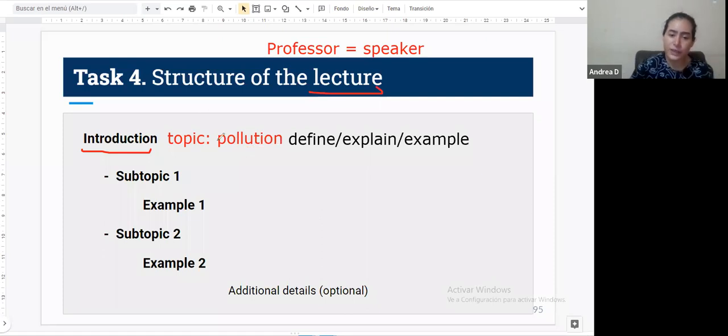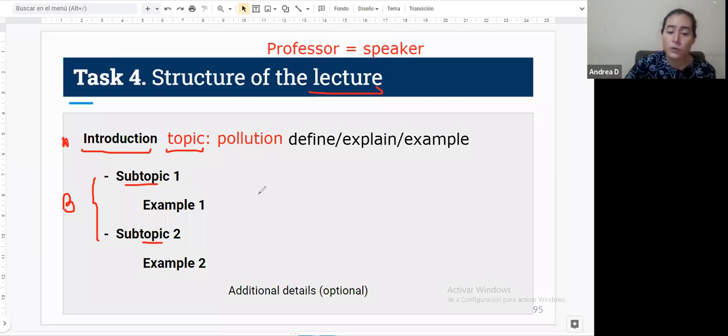Now, after the introduction, the professor is going to divide this topic, break it down into 2 different subtopics. And this is the most important part. This is the body of the structure of the lecture, sorry. So what do I mean by subtopics? They're going to be basically divisions of the topic. It could be anything, really.